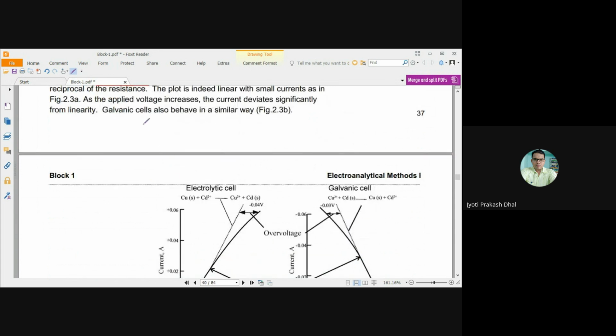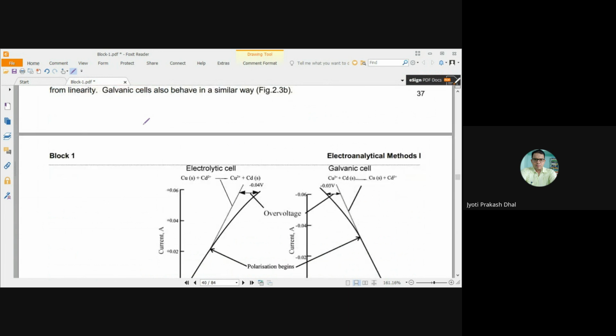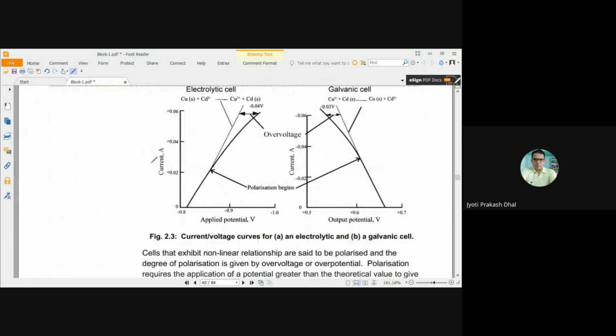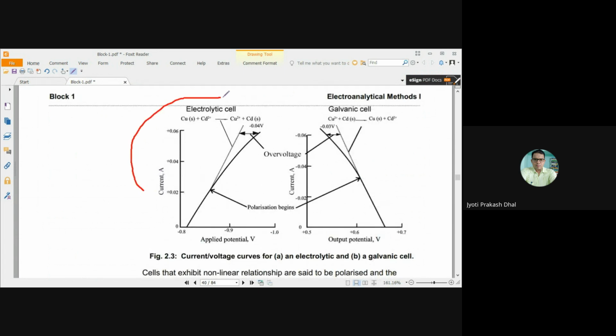But as the applied voltage increases, the current deviates significantly from linearity. The galvanic cell behaves in a similar way. This is the electrolytic cell, and this graph represents applied potential in volts versus current in amperes.